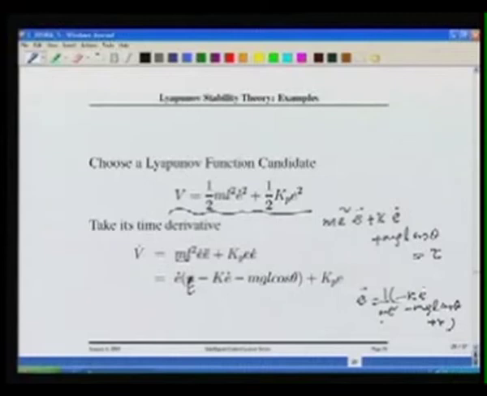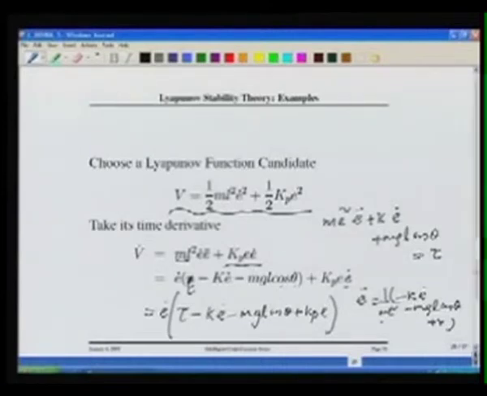So, we have here tau minus k E dot minus mgl cos theta, and then this particular term here also, k p E E dot. So, now I can take E dot as common, then k p E will come inside. So, E dot, if I take common, this is tau minus k E dot, this is the torque developed by the motor, minus mgl cos theta plus k p E. So, this is the V dot.